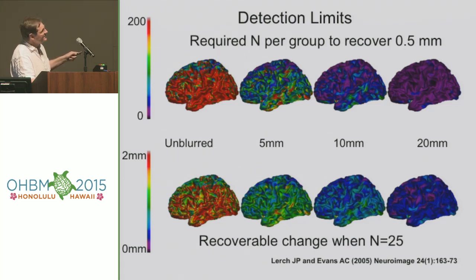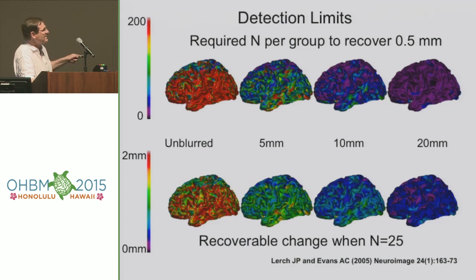If you smooth the data, you can reduce that dramatically down to very low numbers required to extract a 0.5 millimeter difference. Of course, the price you pay is that this is no longer at a voxel, it's distributed over a region. You can ask the same question in a different manner. If I have 25 subjects per group, what is the largest difference I could actually detect at 0.05?